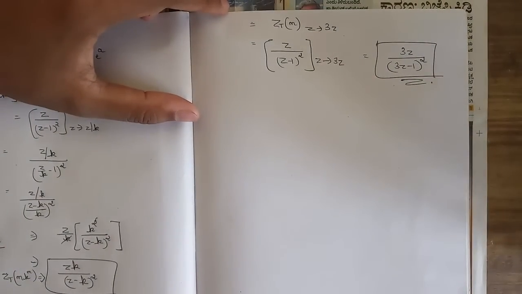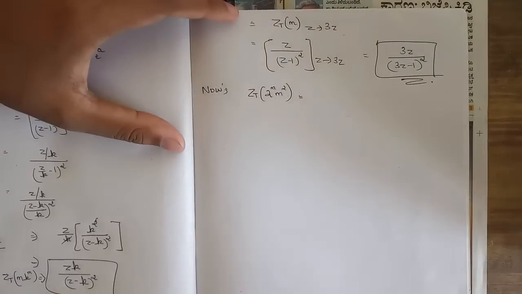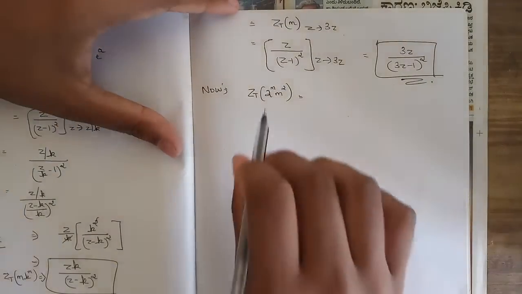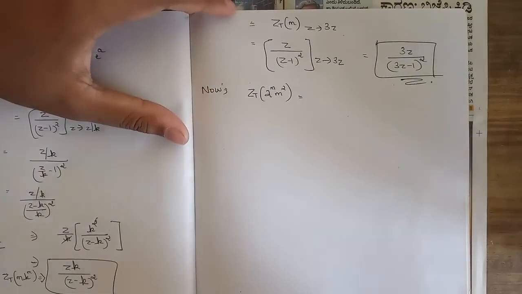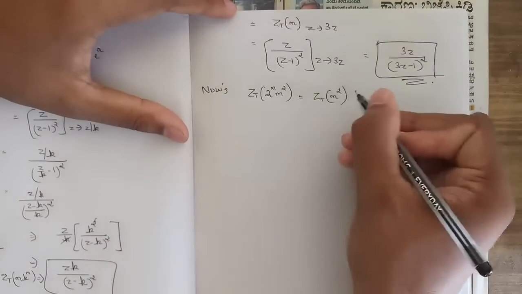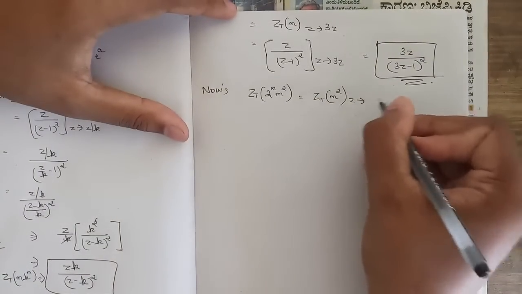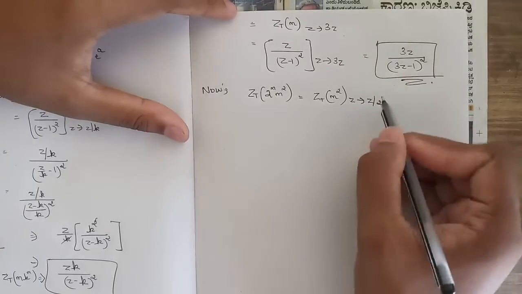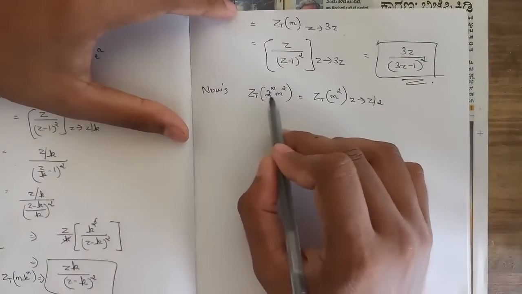So now similarly let's consider the second term of this question. Again in this case we need to apply the damping rule once again. So the damping rule says that Z transform of n square, where Z is replaced by Z by 2. The value of a here is 2. A power n square, right?